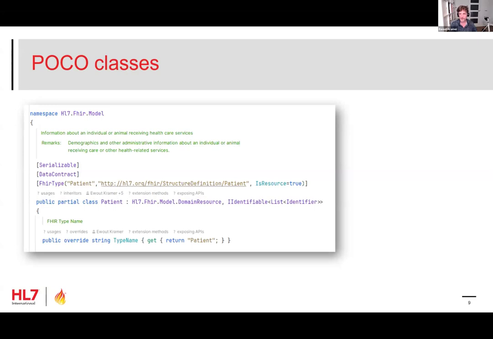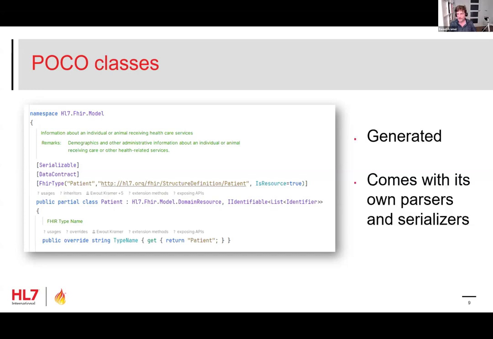It was terribly slow. So at some point, someone from the community, Brian Postlethwaite, said, enough of this. I'll write some proper source generators. And so now we're generating these things in C#.